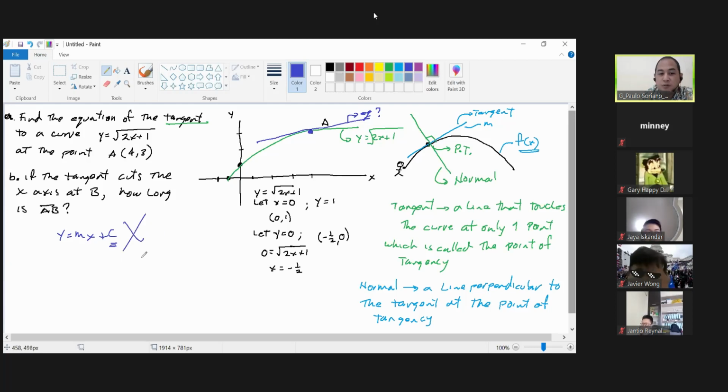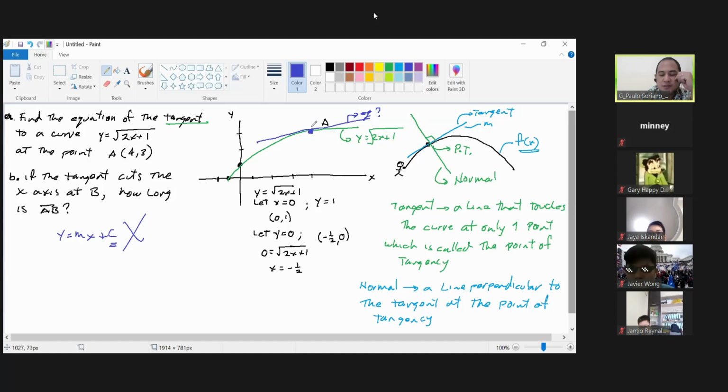We don't know. So basically, no, we cannot use that. Two-point formula? No, we have 1 point. Give me a second point. You cannot use the two-point formula because you only have 1 point, right?